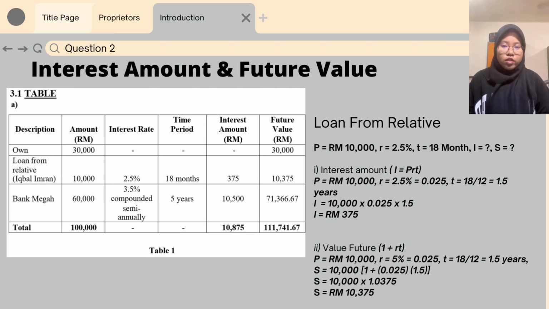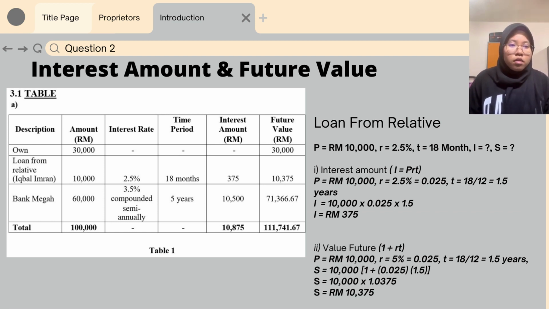Now we move to question 2, interest amount and future value. Okay, how do we calculate the loan from a relative? For the interest amount of the loan from a relative, we use the formula I equals PRT.